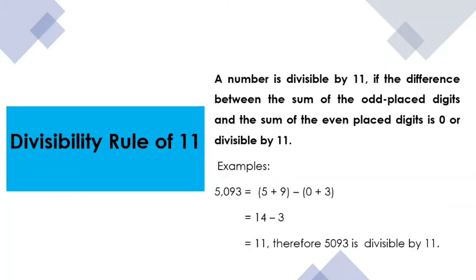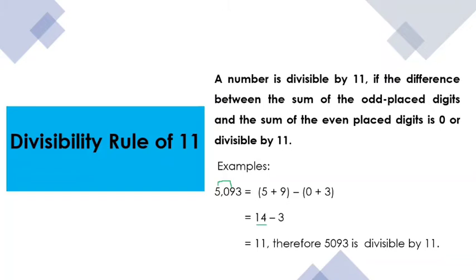5,093. Now, let us get the sum of the odd place digits and the sum of the even place digits. The odd place digits in this number are 5 and 9. 5 plus 9, the answer is 14.